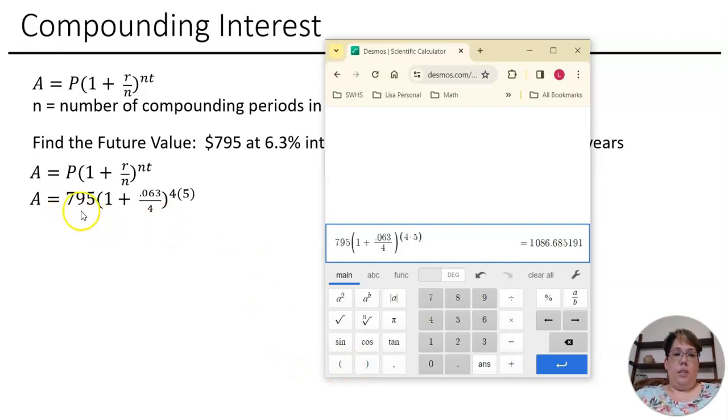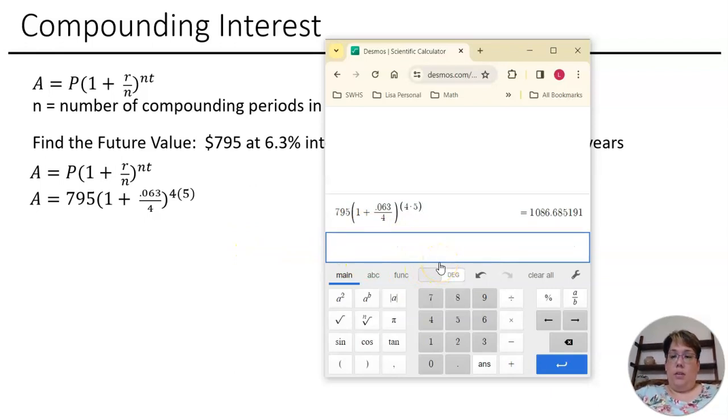Let's check everything: 795, 1 plus the fraction 0.063 divided by 4, and then exponent 4 times 5. That looks like everything to me. Then I'm going to hit enter, and it's 1086.69. This would round up to 69 because there's a 5 right here. So that should be my answer.